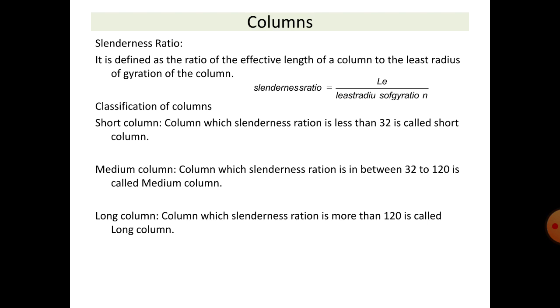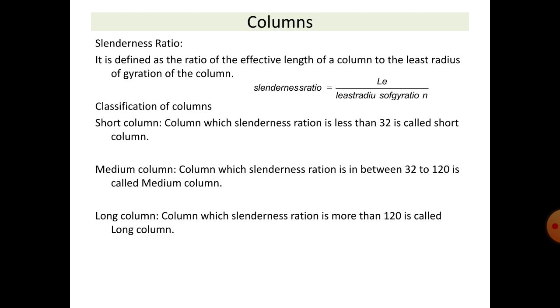For the given section of the column, we will have a radius of gyration, k is equal to root of I upon A, that is, I is the moment of inertia and A is the area of the column. That will give you the radius of gyration. You have to take the least radius of gyration. When you divide the effective length by the least radius of gyration, you will get the slenderness ratio.